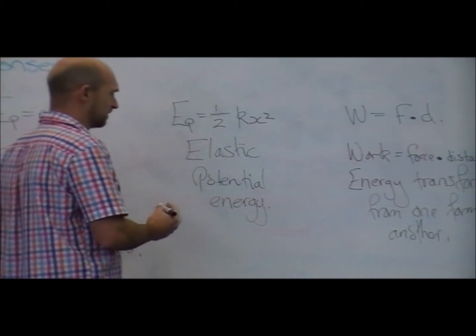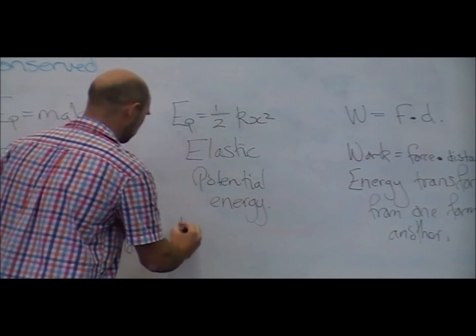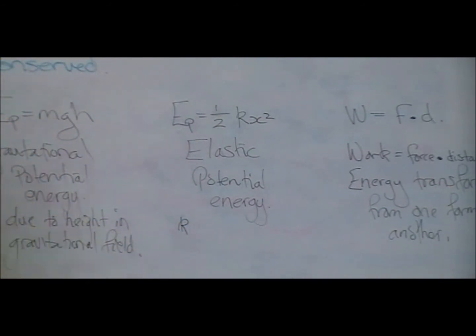So elastic potential energy, and k is the stretchiness. It's the spring constant. How do we measure it? We measure how many newtons we need to stretch it or compress it by 1 metre.